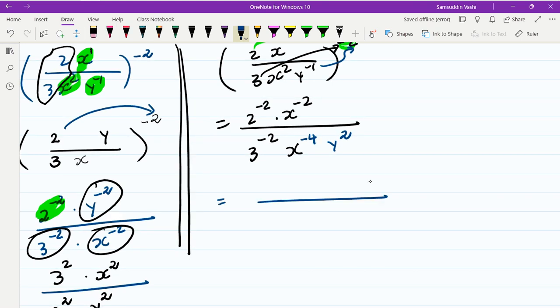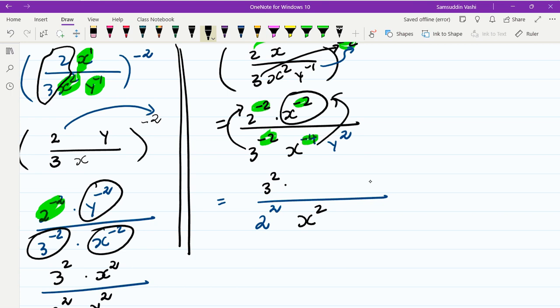Okay. So now, how many places negative? 4. So I will write 2 to the power of 2, numerator to denominator. 3 to the power of negative 2, denominator to numerator. X to the power of negative 2, numerator to denominator.